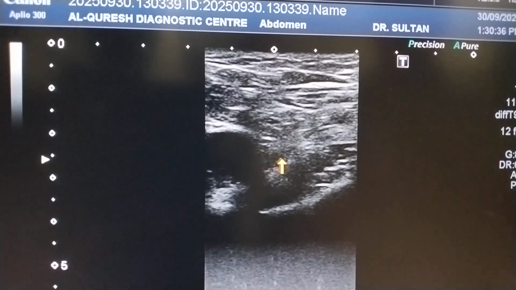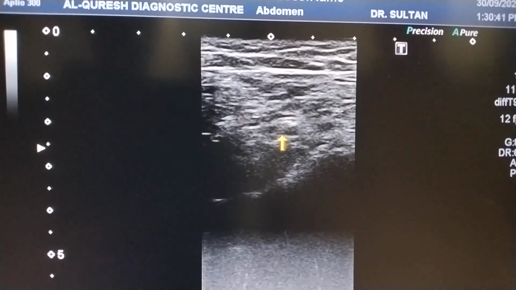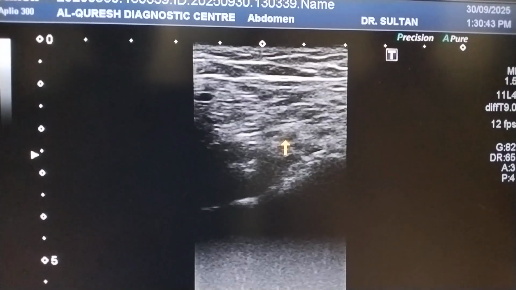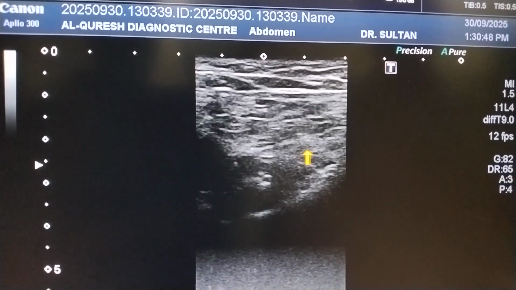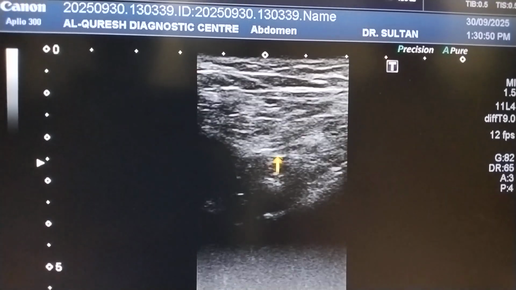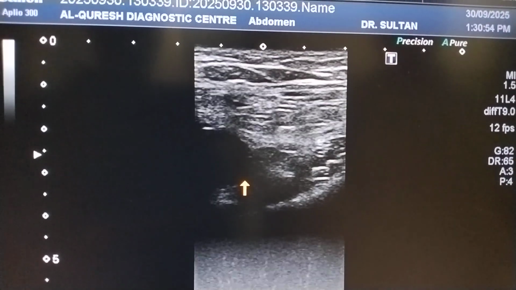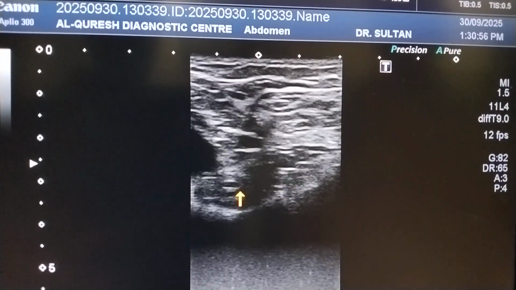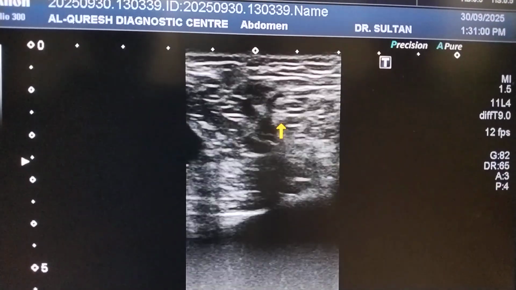And this is the inferior epigastric artery that is pushed medially due to this herniated segment. So this is the deep inguinal ring through which this hernia has passed. This is the herniated segment.